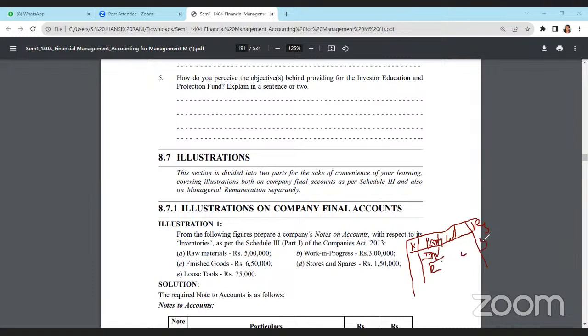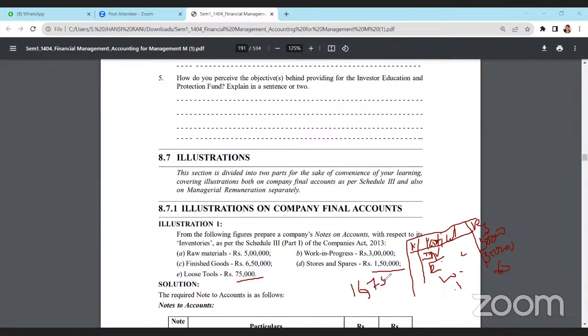Next, work in progress, 3 lakhs. Finished goods 6,50,000, stores 1,50,000, and loose tools 75,000. All together we get 16,75,000.